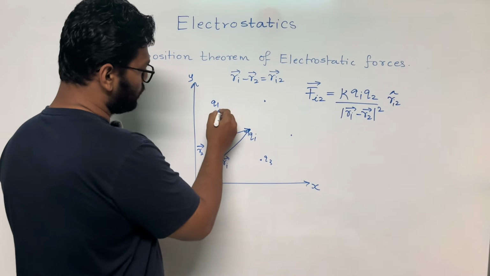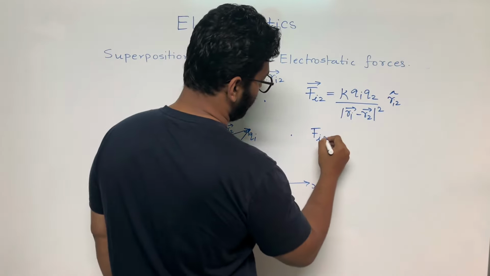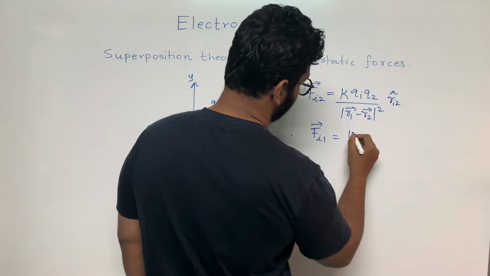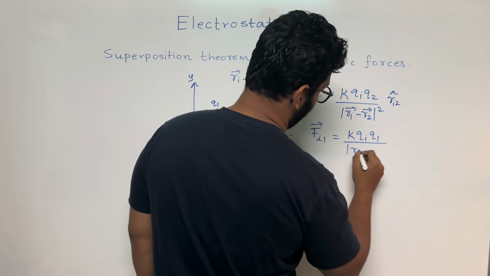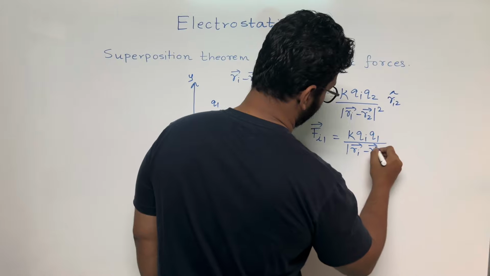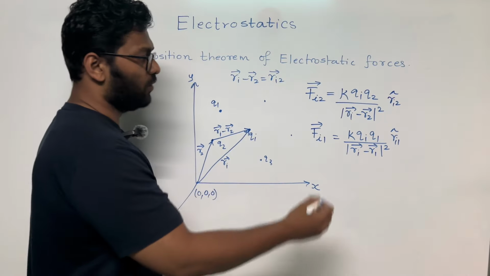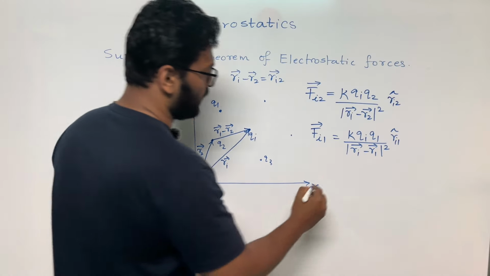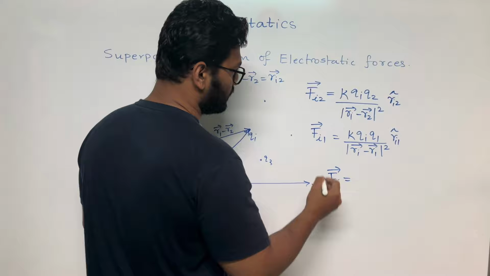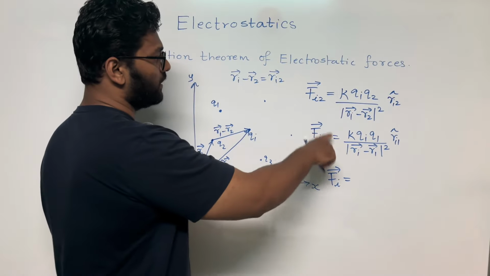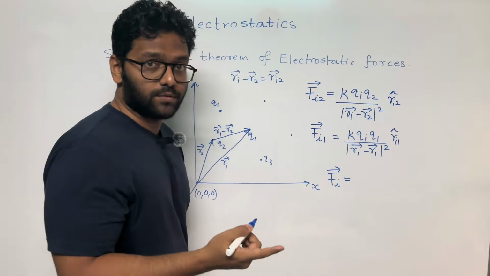Similarly, the force due to the first particle on the ith charge is Fi1 bar. So this will be k qi q1 upon the magnitude square of ri bar minus r1 bar, times ri1 cap. And so on. The net force acting on the ith charge is nothing but the addition of all these forces, Fi1, Fi2 up to Fin. That itself is the superposition theorem.